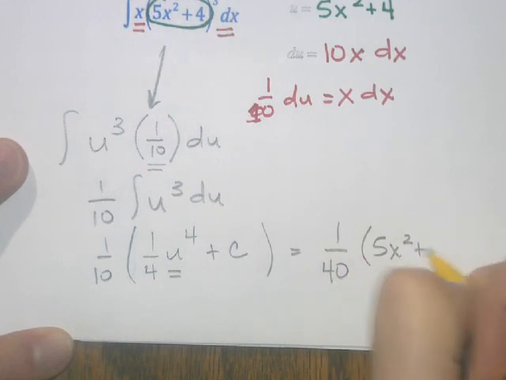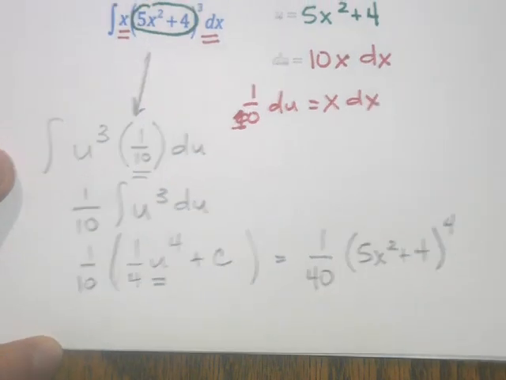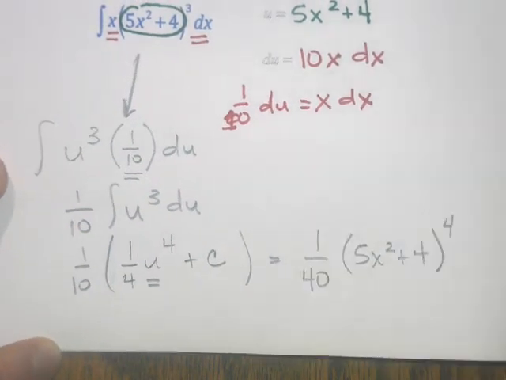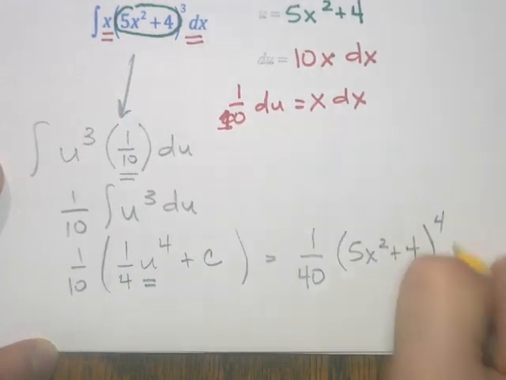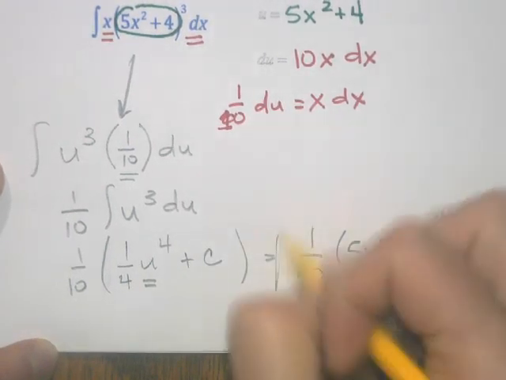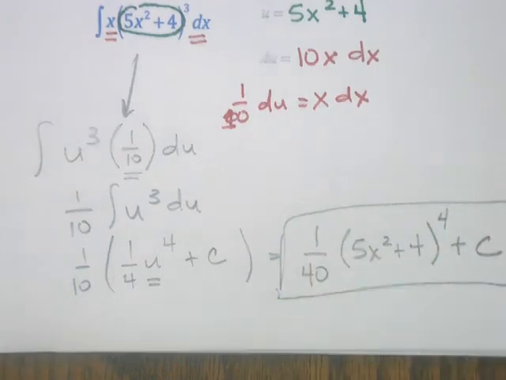And I'm not going to use u anymore. I'm going to substitute it in. 5x squared plus 4 to the 4th power plus c.